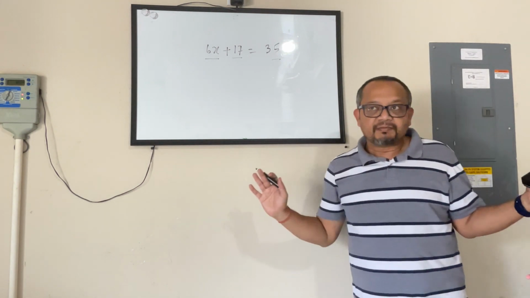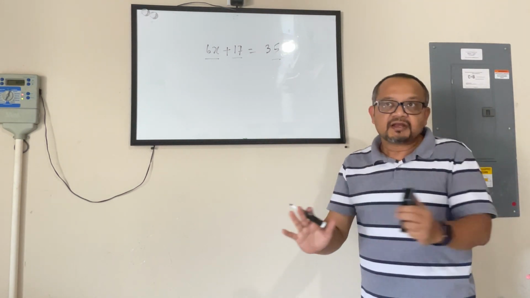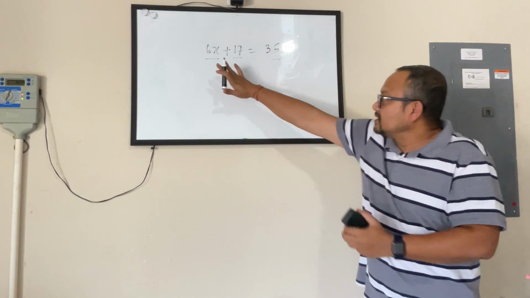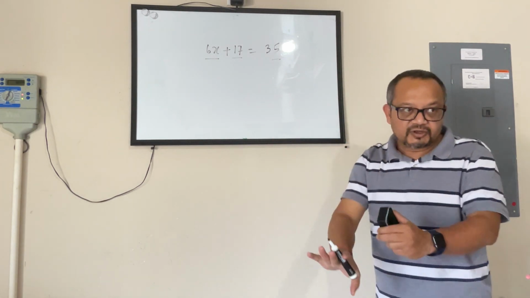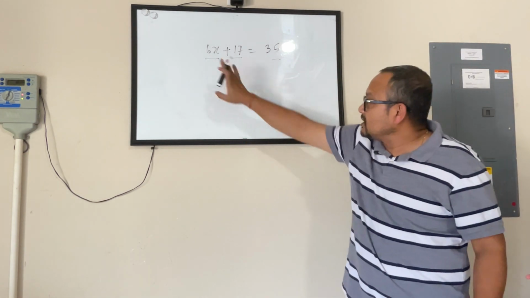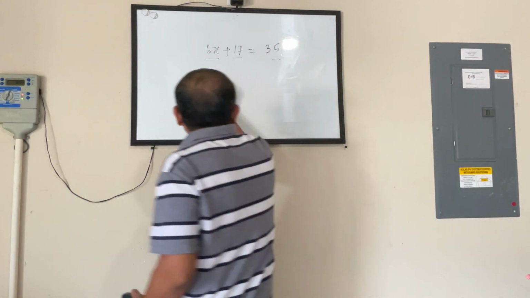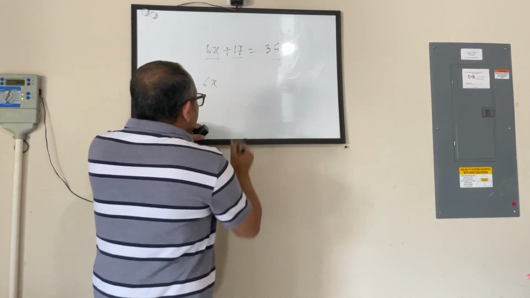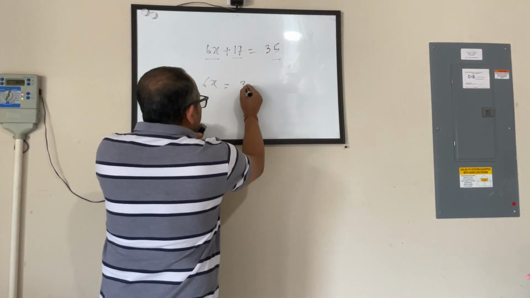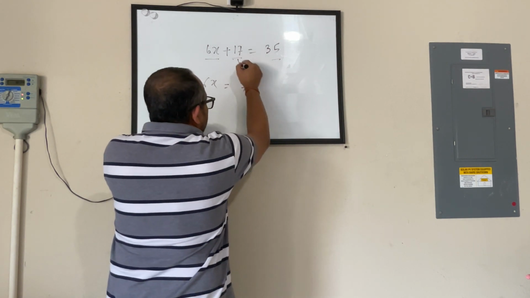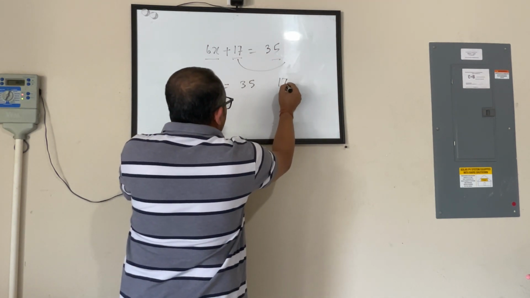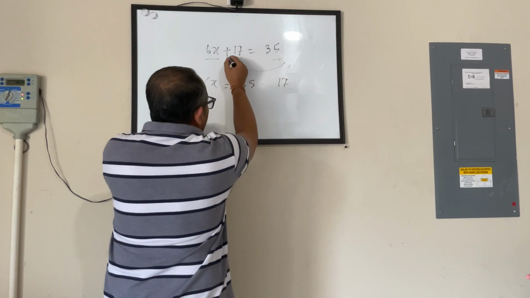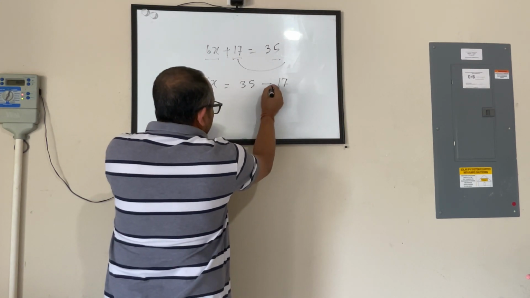So what you would do is bring all the constants to one side, and all the variables of similar type together. Since you have only one variable here, you will keep the variable on one side of the equal to sign, and this guy comes here. What does it become? Here it is positive, it becomes negative.